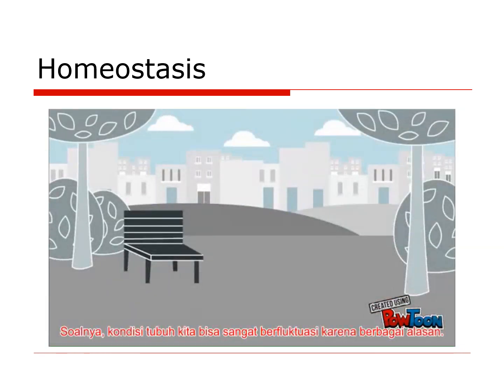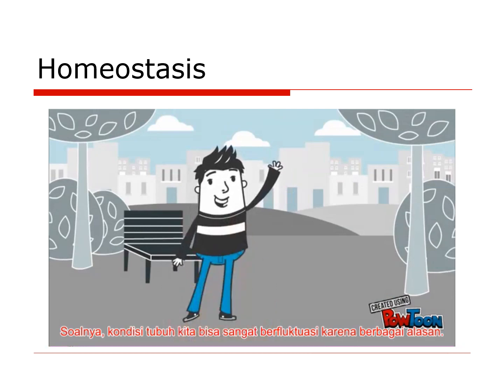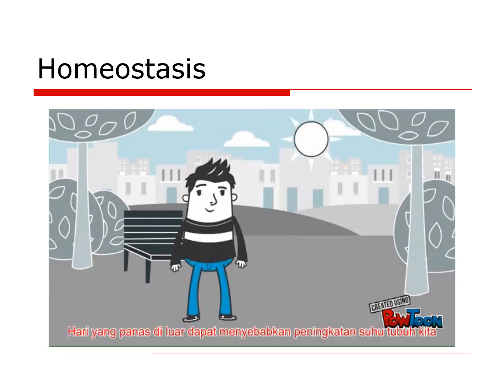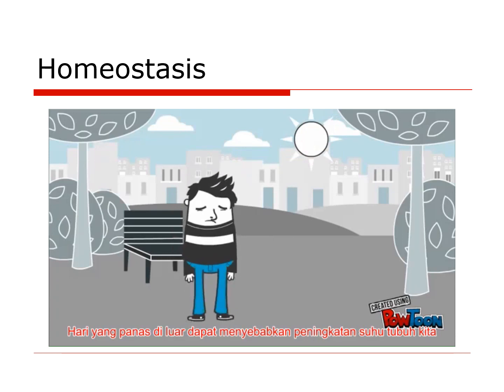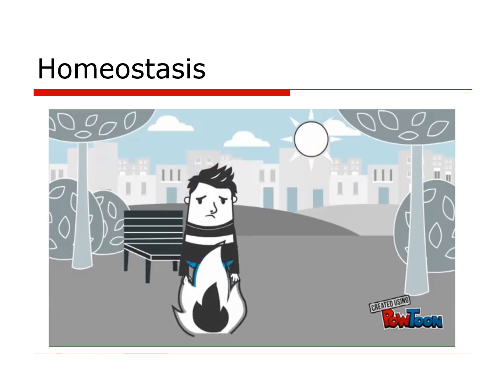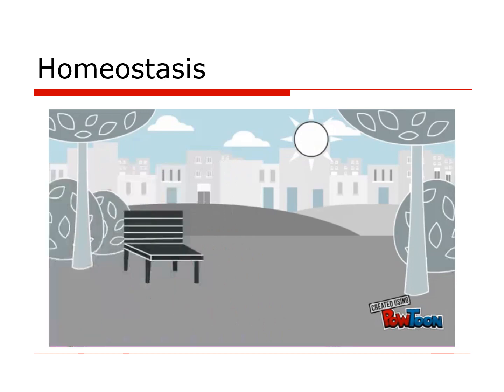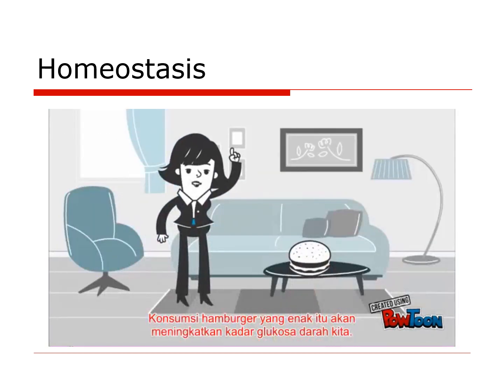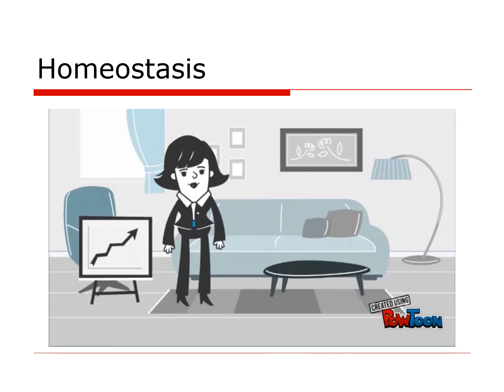You see, the conditions within our body can fluctuate a whole lot for many different reasons. A hot day outside might cause an increase in our body temperature. The consumption of that delicious hamburger will increase our blood glucose levels.